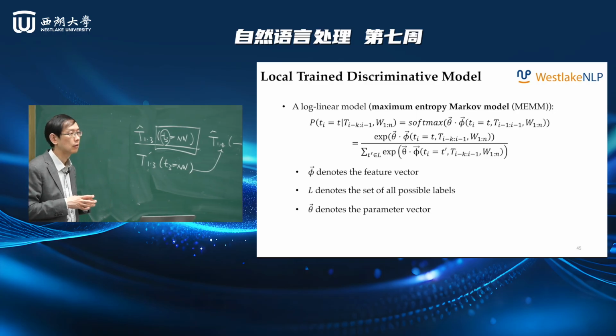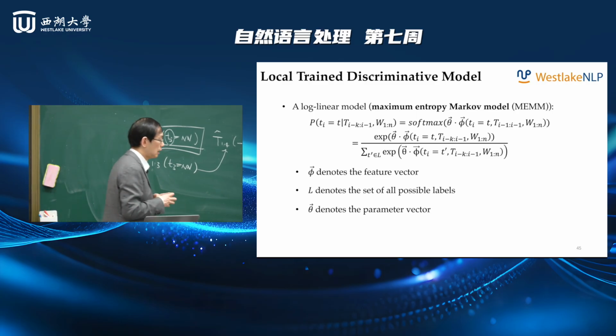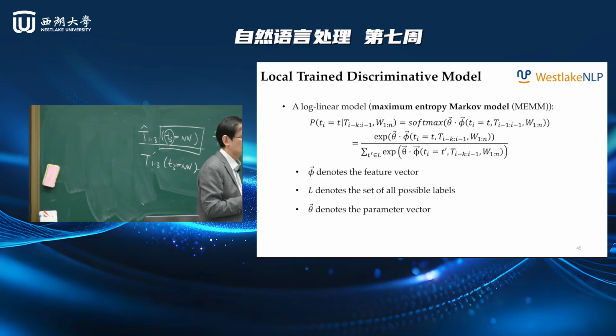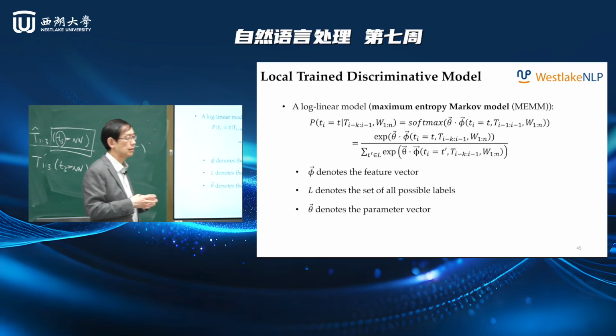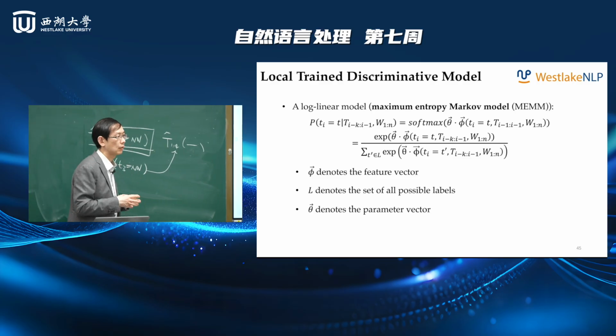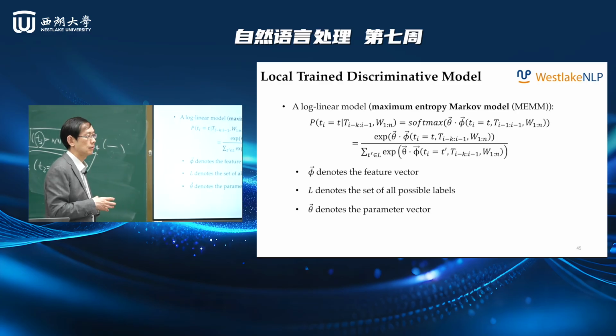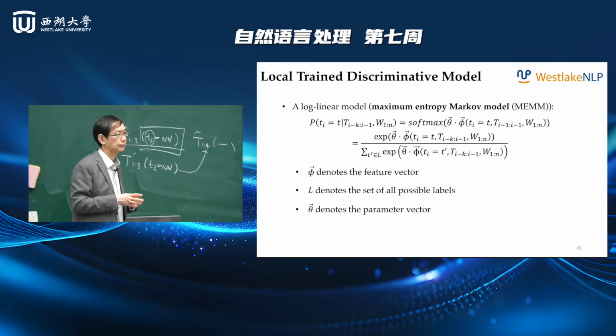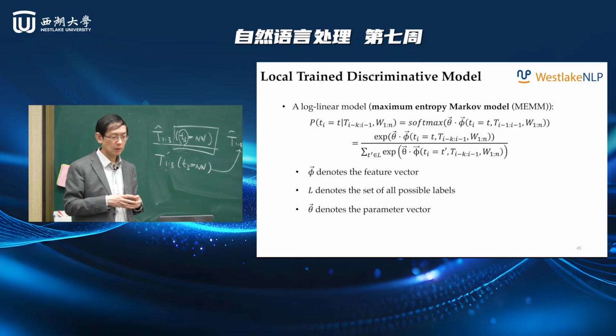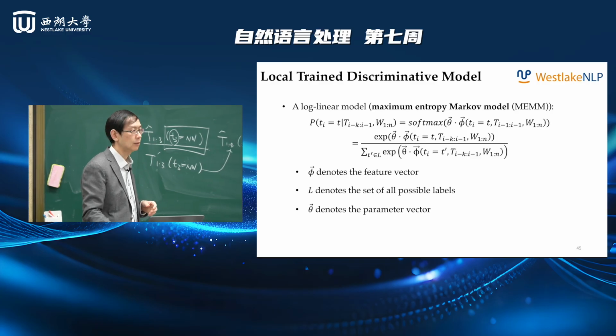So you see that when we build a log linear model, only the representation changed. The parameterization doesn't change. Again, now let's look at the representation.